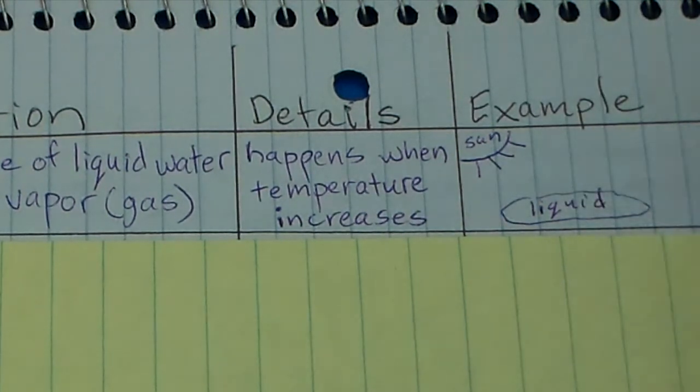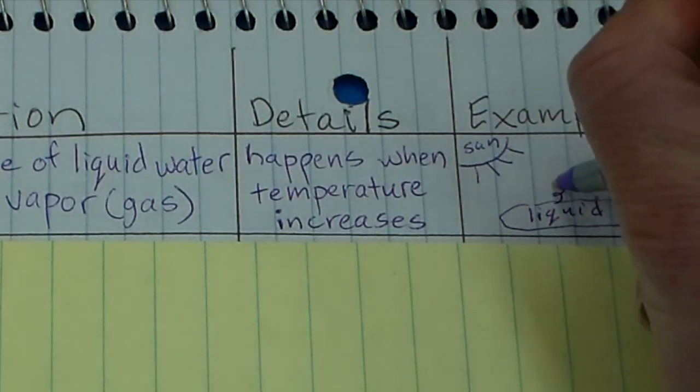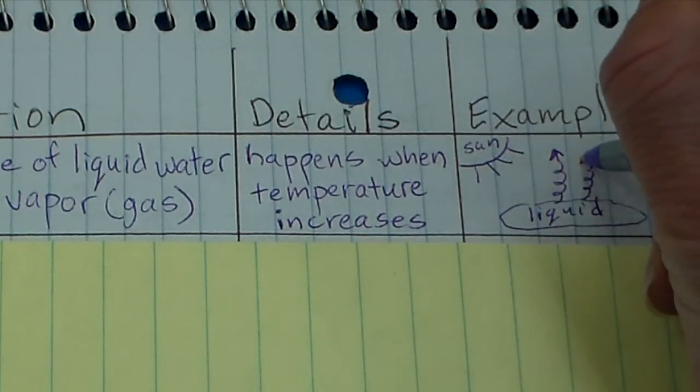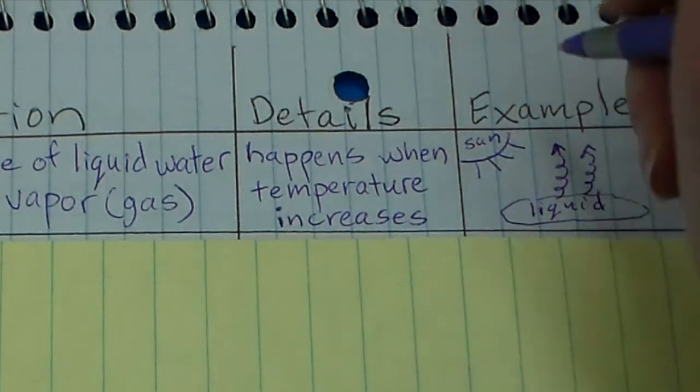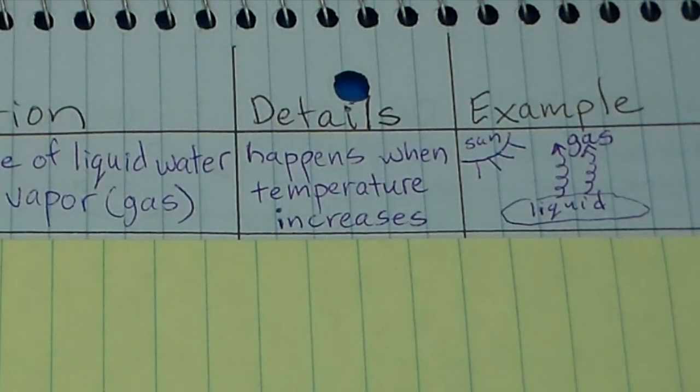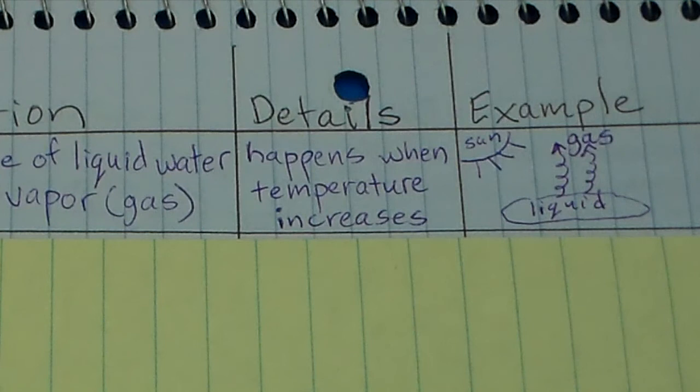And as the sun shines on it, it's going to make those atoms move faster, and they are going to go up into the air and become a gas. So the process of evaporation happens when temperature increases, the atoms move faster. If they're moving faster, they're going to spread out, so they're not going to be a liquid anymore. They're going to change into the state known as a gas.